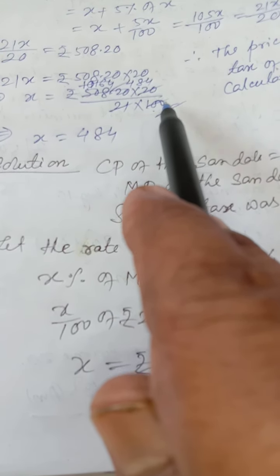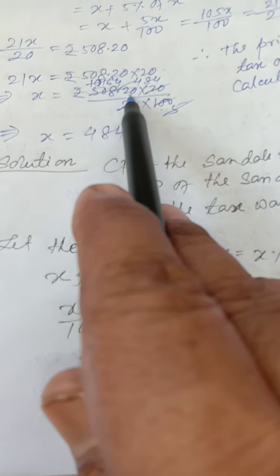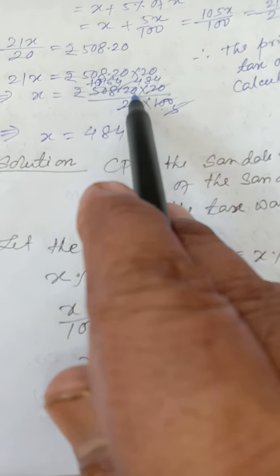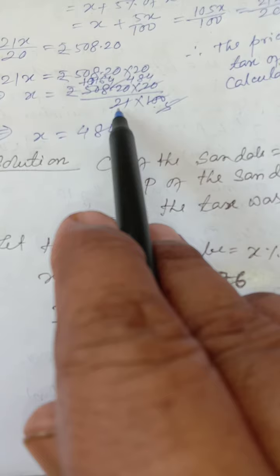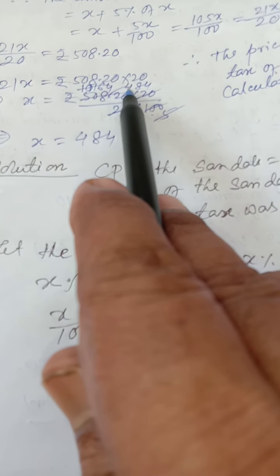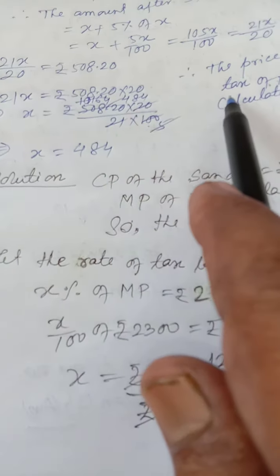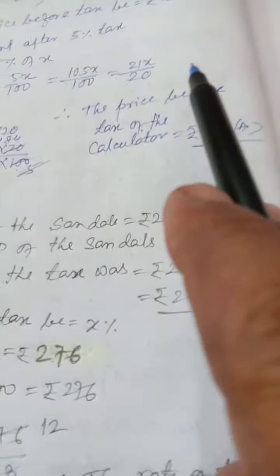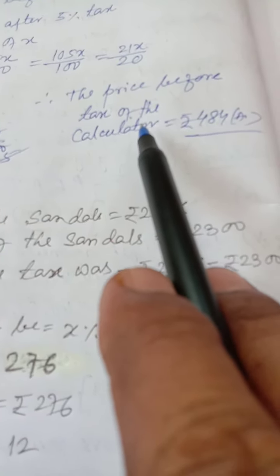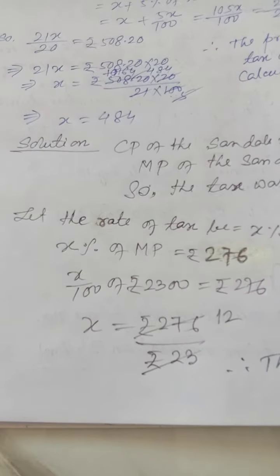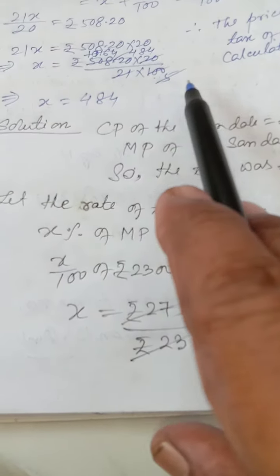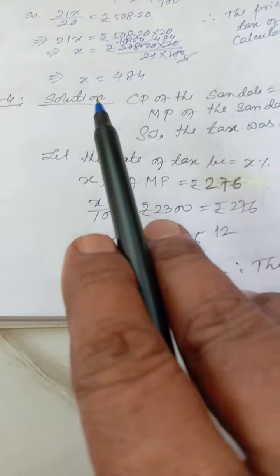This 5 remains here. 5 will cut this amount 10420, that will become 2084. Then again 21 will cancel, 21 will go into the amount. So the calculator's price before the tax was 484. 484 is the money that was before the tax. That is what we wanted to find out.